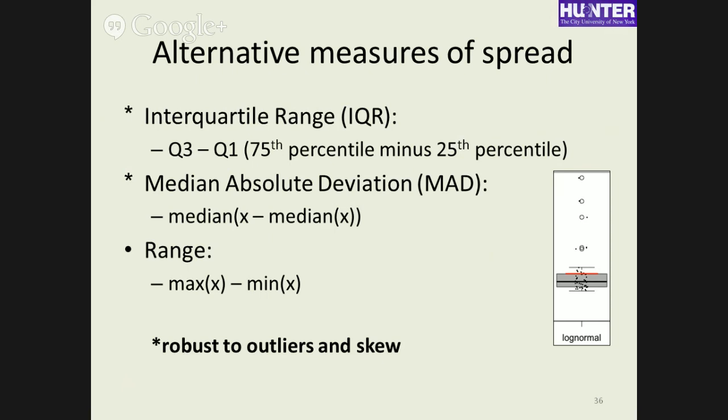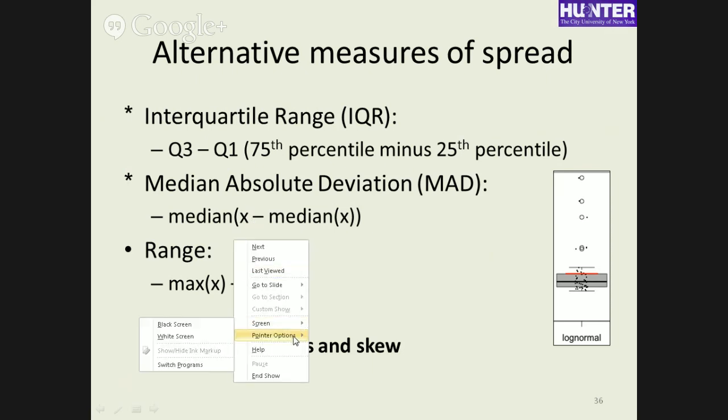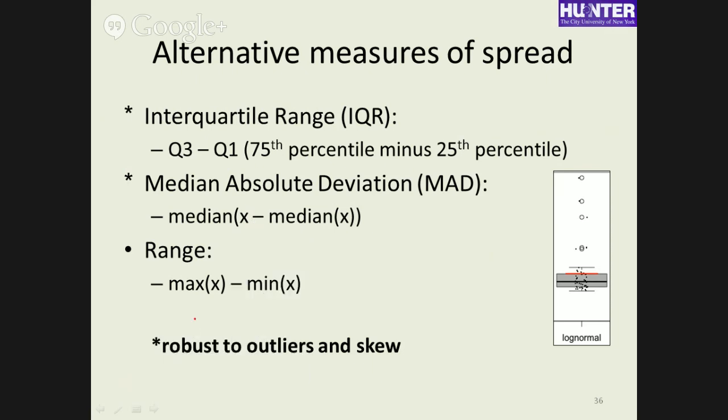Yes? Usually the second one, the median absolute deviation, requires that formula, median x minus b. Yeah, so if x are all of your observations, we should probably put a subscript here.